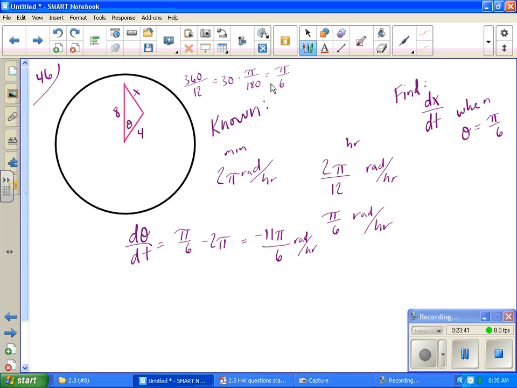So this is a piece of what is known here, so I'm just going to throw that up in here. If you had it positive, again, really not a big deal. If they're both moving, to find how fast that angle is changing, it's going to be the difference between how fast those two pieces that create the angle are moving.